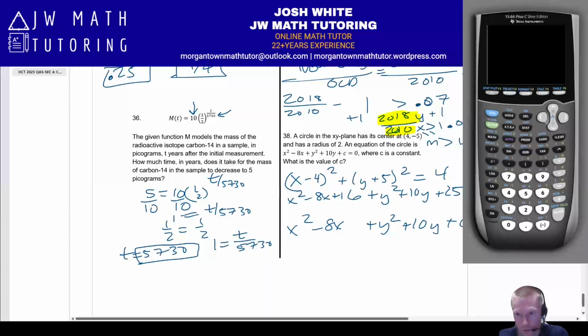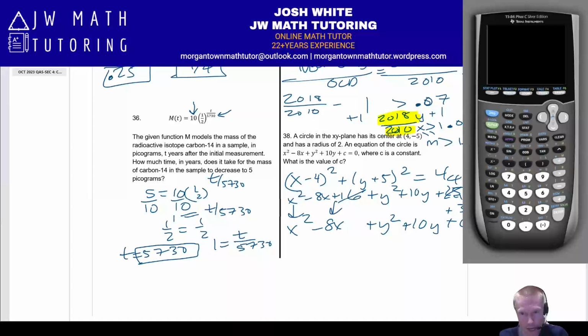All right, and now equal to 4. So now if you add these two together, 16 and 25 is 41, and you subtract 4 over, you're going to get 37 on the left side. Again, I add 16 and 25 to get 41, and then I do minus 4 on both sides, 37.